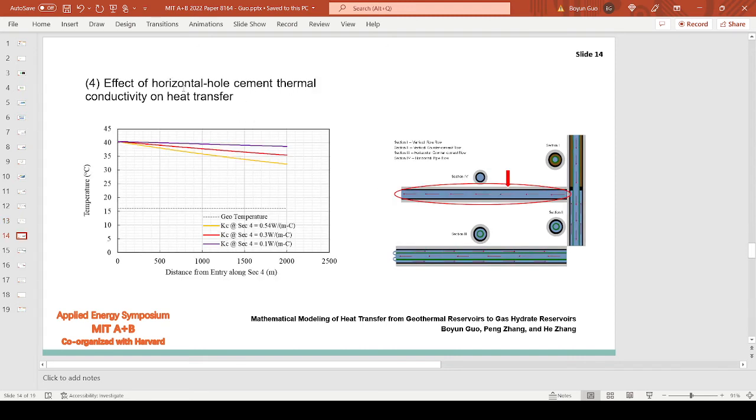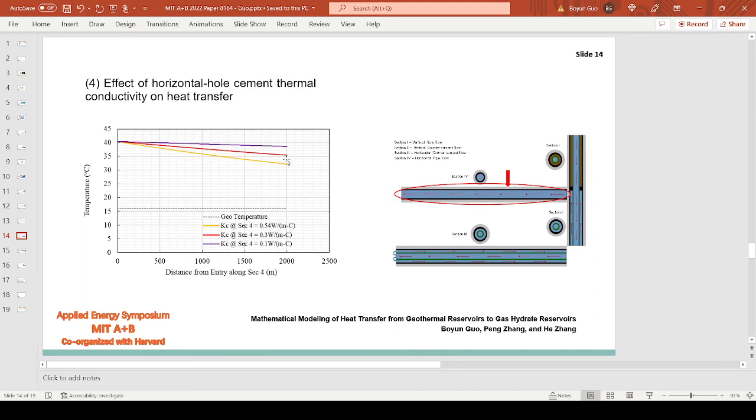Fourth, we analyze the effect of horizontal hole cement thermal conductivity on heat transfer. We are looking at thermal conductivity of cement in this horizontal wellbore. With the same value of temperature, which is 40 degrees at the inlet point, the temperature at outlet drops when the thermal conductivity increases from 0.1 to 0.54.